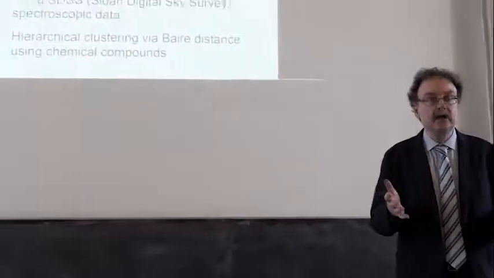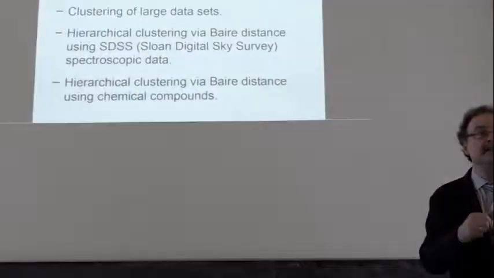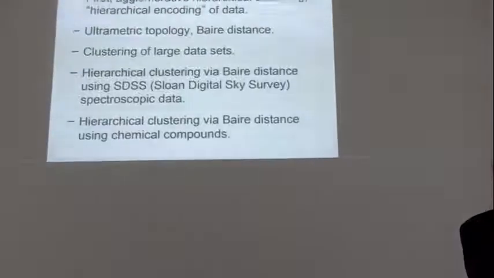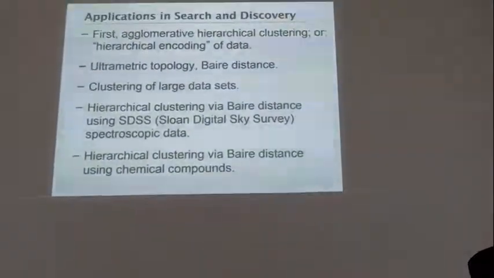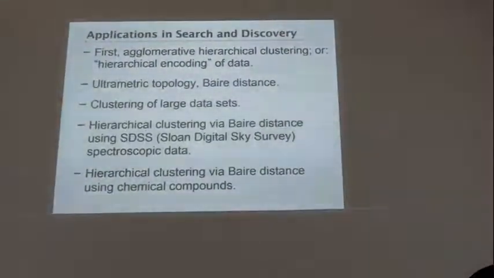Overall, hierarchical clustering, or clustering in general, has the objective of search and discovery. As you know, a hierarchy is associated with an ultrametric topology. What is that? The triangular inequality is one of the important properties of a metric.